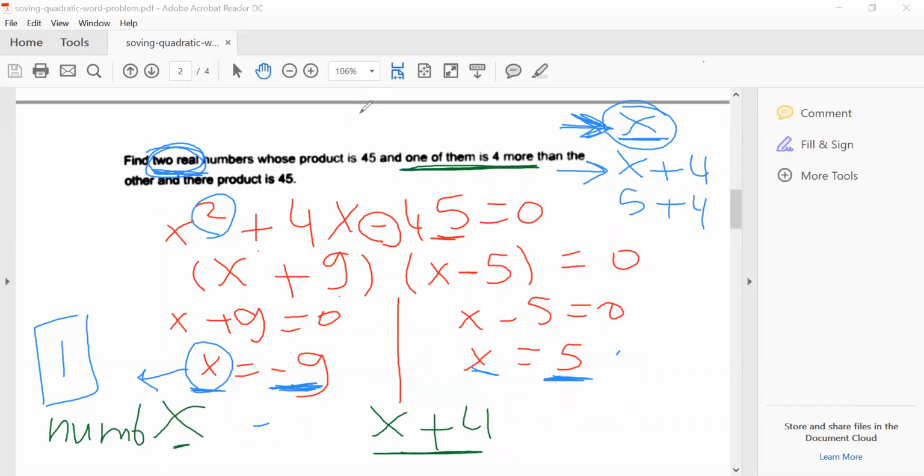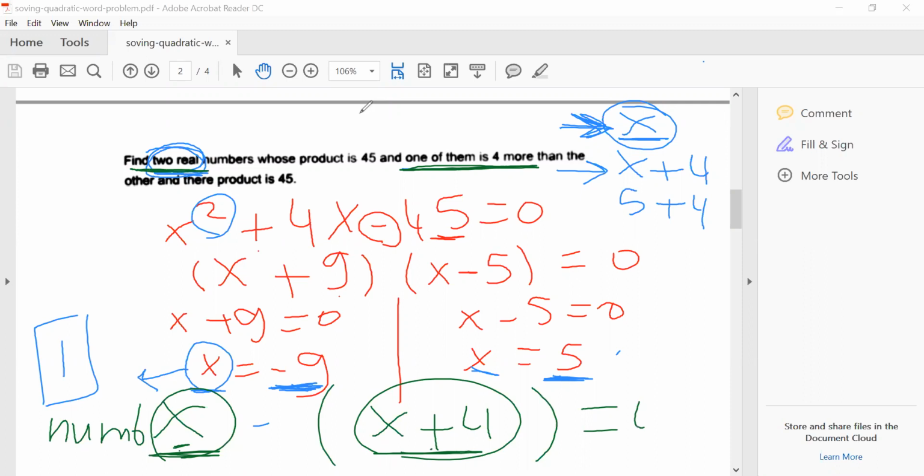These are the two real numbers you need. And he told me that their product is 45. After finishing, I got x, negative 9, or x again, 5. So you didn't get the other number for him.